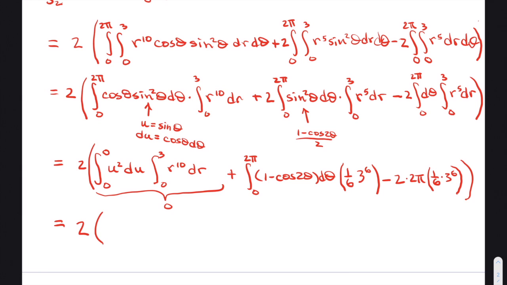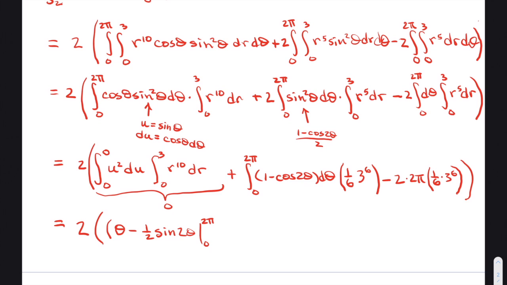And then the integral of 1 minus cos 2 theta, so that'll be theta. The antiderivative of cosine is just sine, so it's going to be minus 1/2 sine 2 theta, and that'll go 0 to 2 pi.